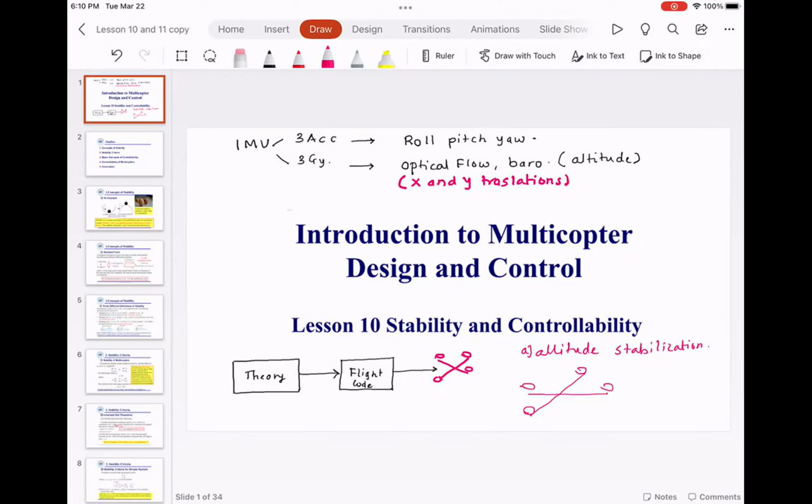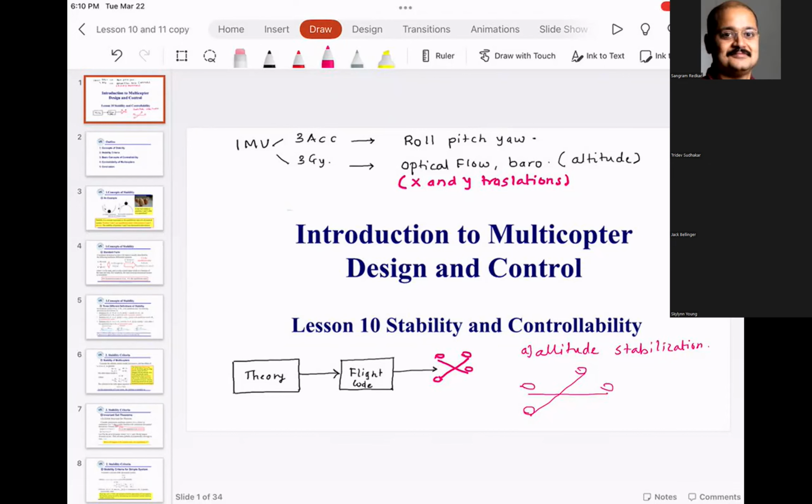So what you should do is, and if you can bring your Mambos in class, I would encourage you to bring your Mambos in class. I want you to tie a small string that is going from the center of the Mambo. So basically this Mambo should be held on a string.